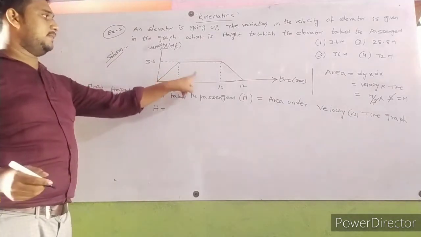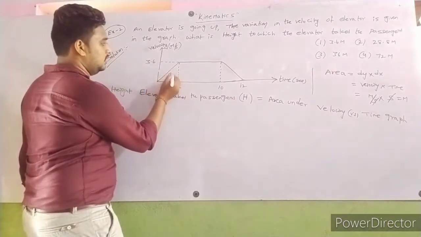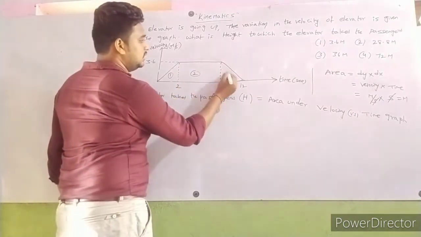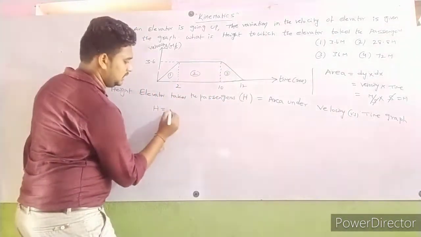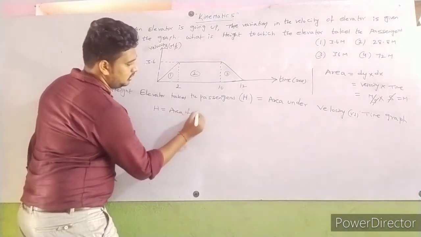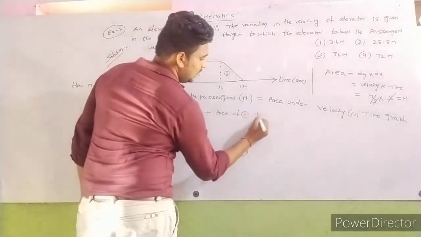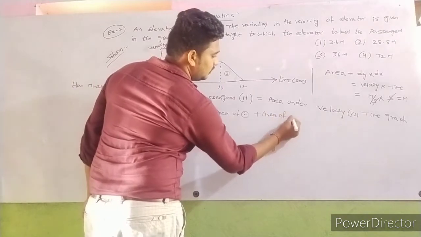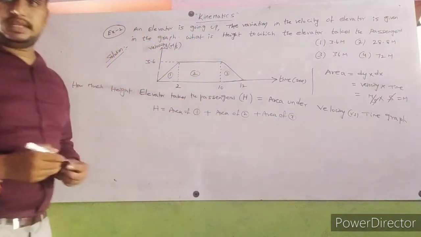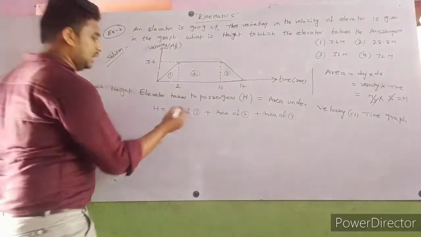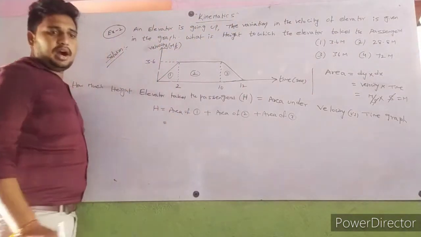This is the base. First one, 1, 2, 3. Part 1, area of 1 plus area of 2 plus area of 3. So next, here is area of 1.